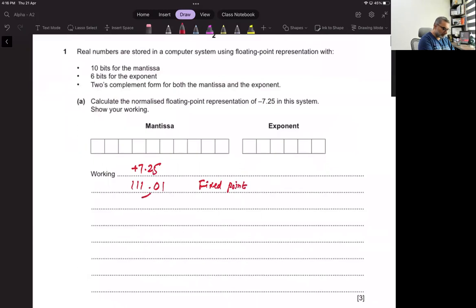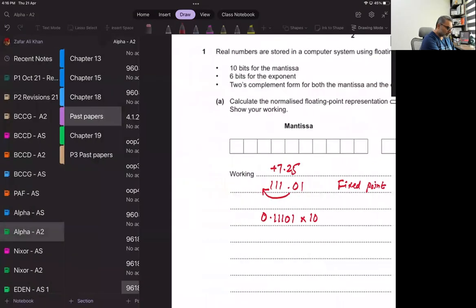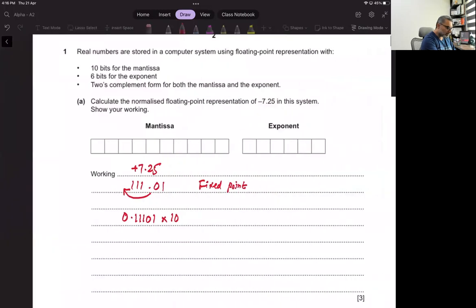Okay, now we will move the point all the way towards the left. So this will become 0.11101, and we have moved the point 3 times.